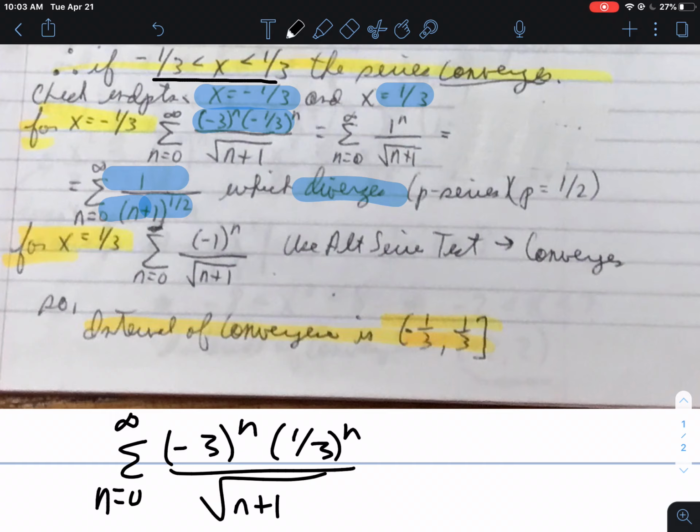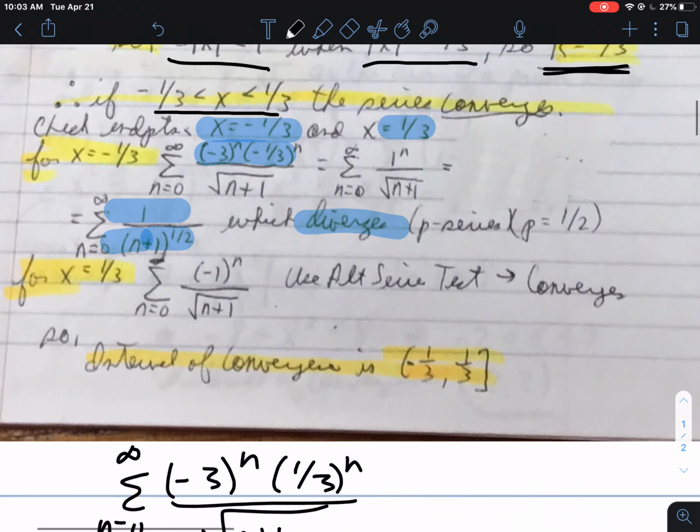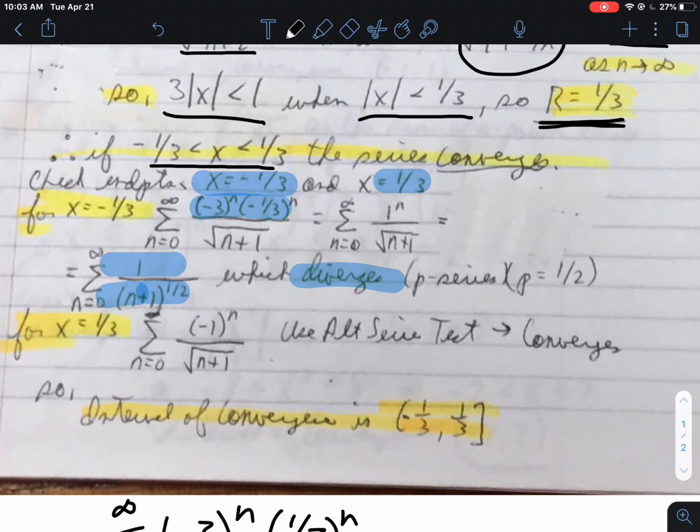Just as before, when we multiplied by negative 1/3, we got positive 1 to the n. Here it's negative 3 times 1/3, so that's where I'm getting 1 to the n, which is just 1. And let's see where we're at. Yep, that's this guy. So for x equals 1/3, negative 3 times positive 1/3 gives us negative 1 to the n.